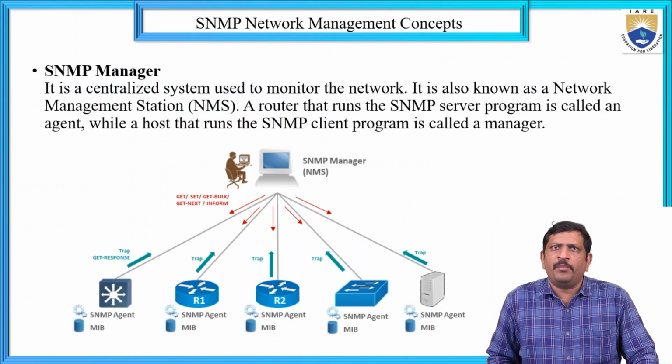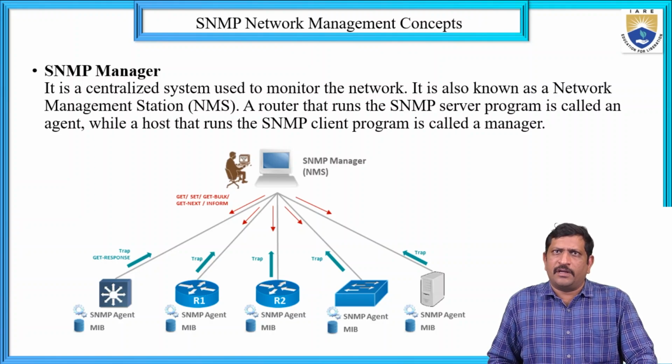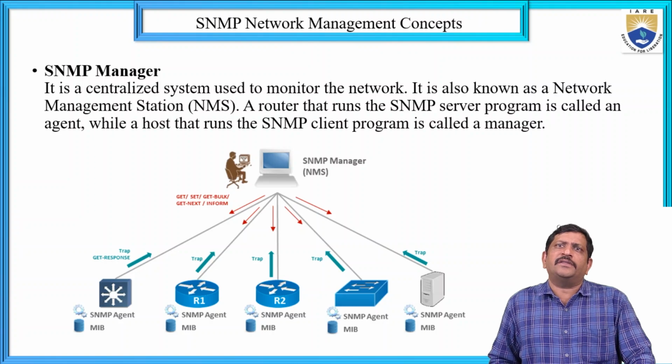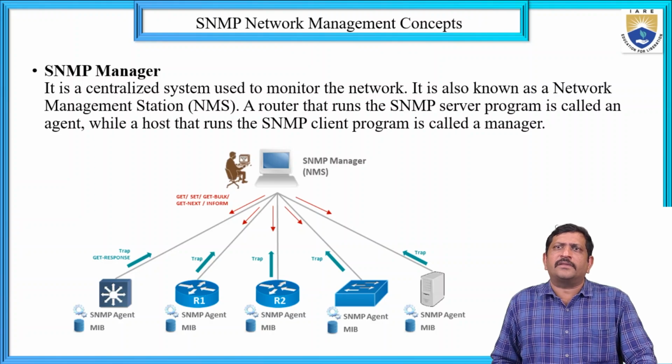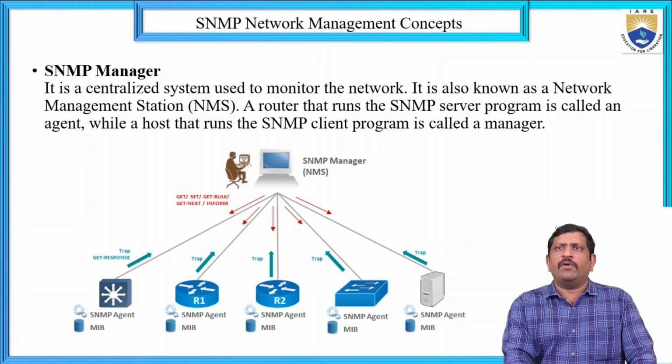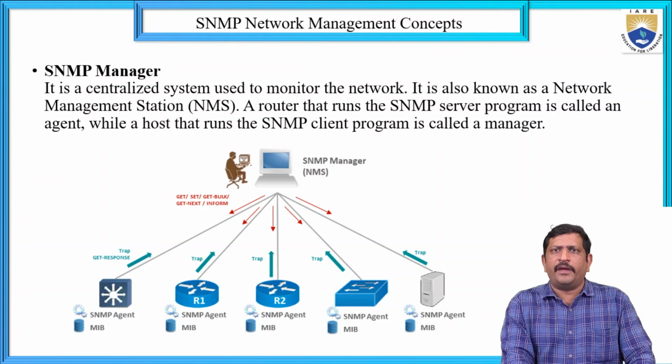Here is the SNMP manager. The SNMP manager is a centralized system which is used for monitoring the network. It is also known as the network management station, that is NMS. Here are the routers. The routers run the SNMP server program, which is called an agent.